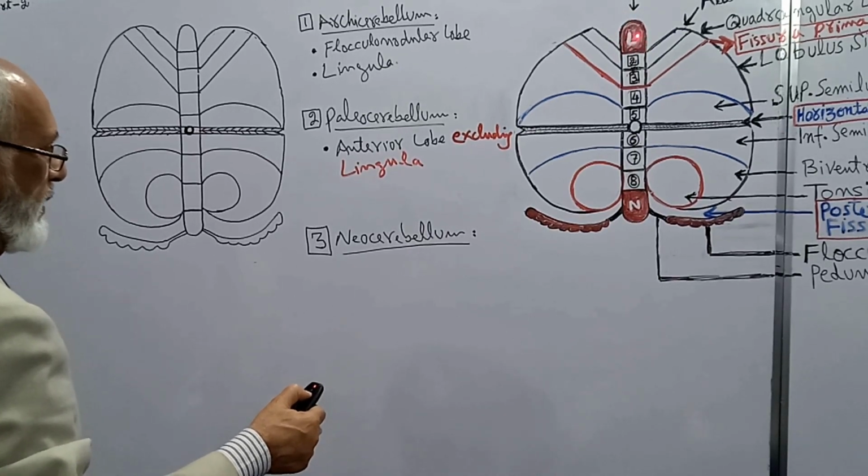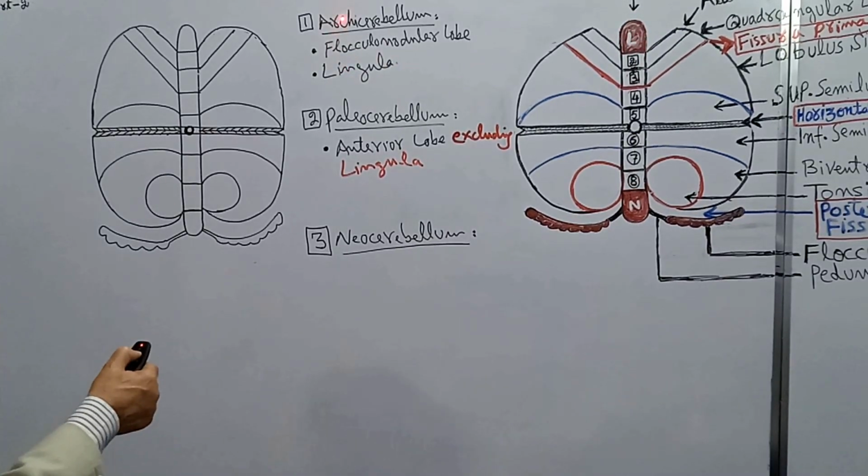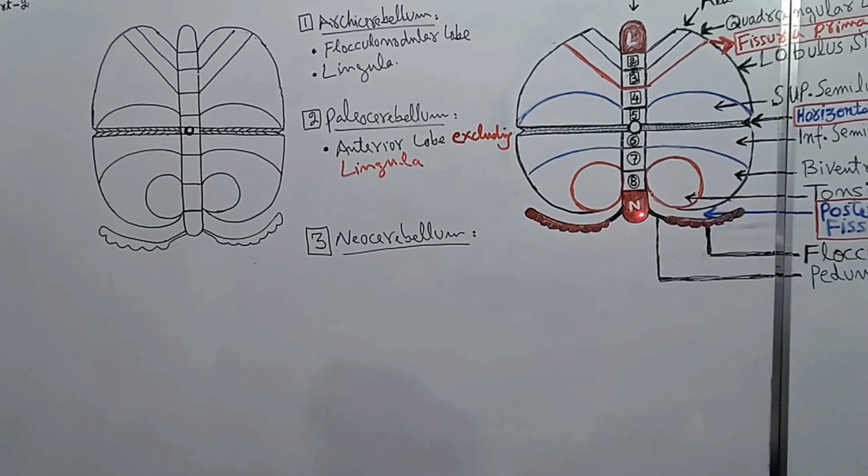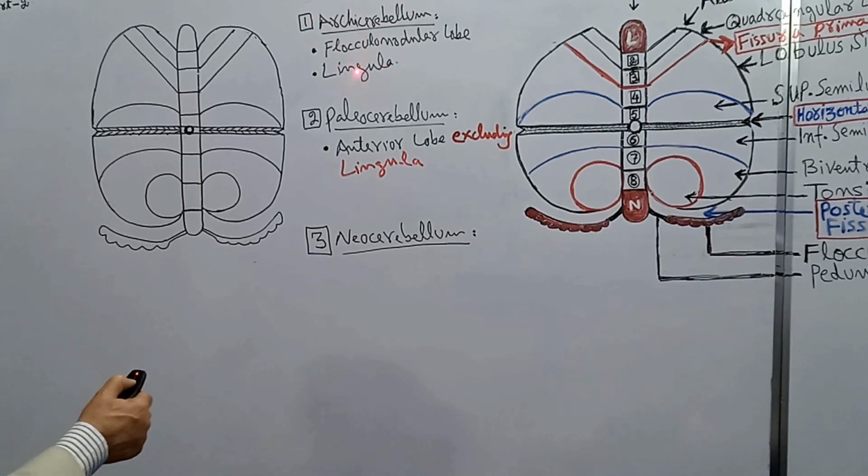Why is the lingula included in the archicerebellum? So nodule, peduncle, flocculus, that is the flocculonodular lobe, plus lingula form the archicerebellum.